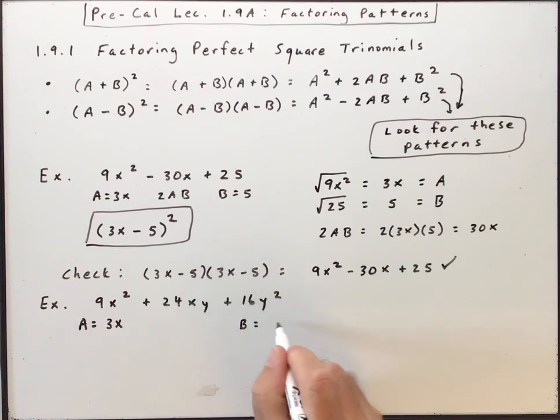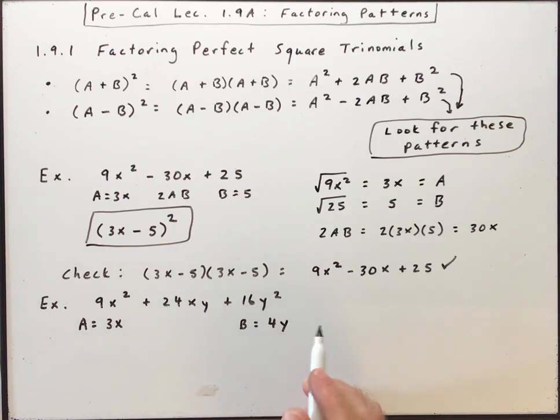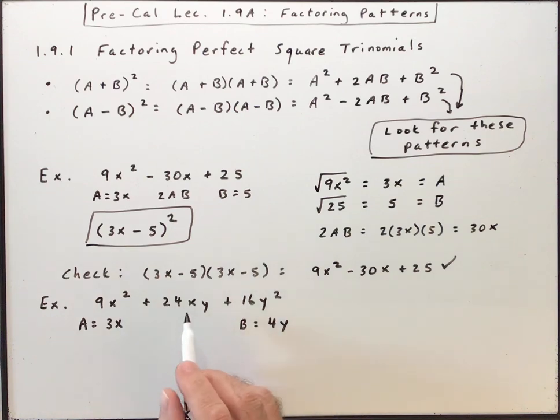The square root of 16 is 4, and the square root of y squared is just y. Now, does 2ab work? Well, 2 times 3x is 6x times 4y. 6 times 4 is 24, so the 2ab term works out.